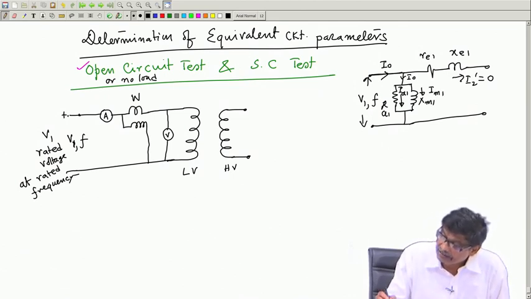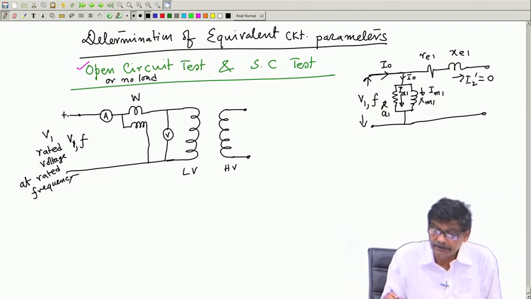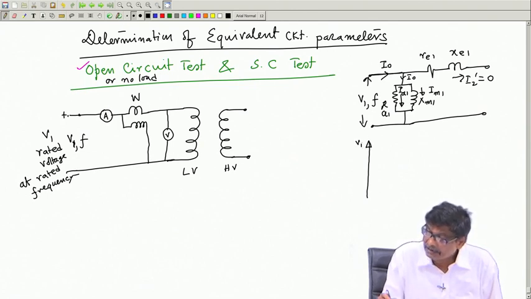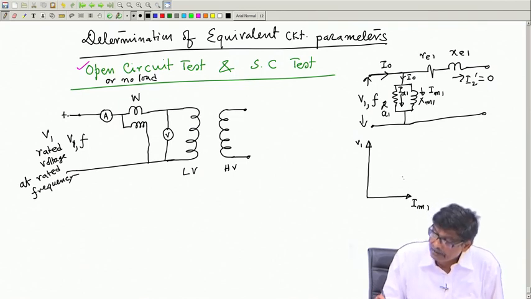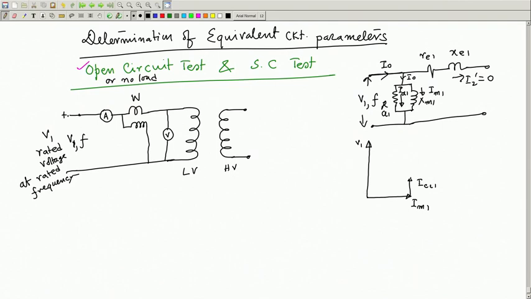And what is the phasor diagram in this approximate equivalent circuit? The phasor diagram is very simple. Applied voltage V1, your magnetizing current will be here, 90 degree lagging, and your core loss component of current will be in phase with the supply voltage, and this will be your no load current I naught.